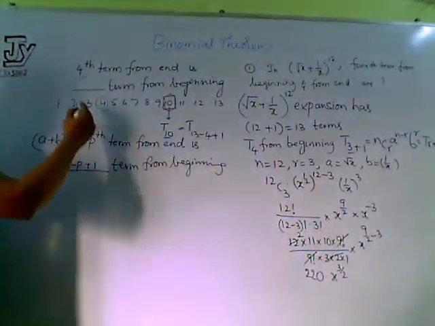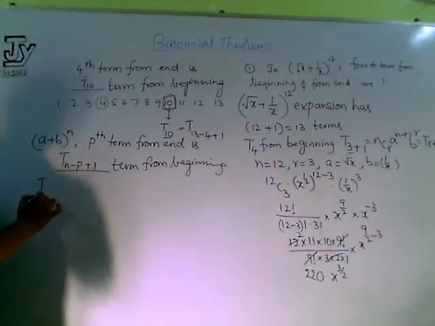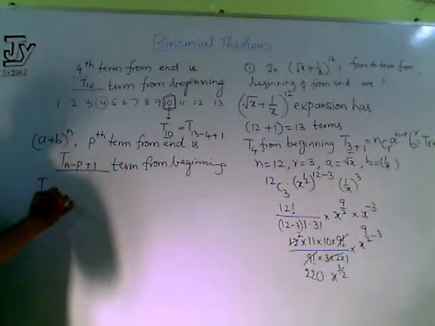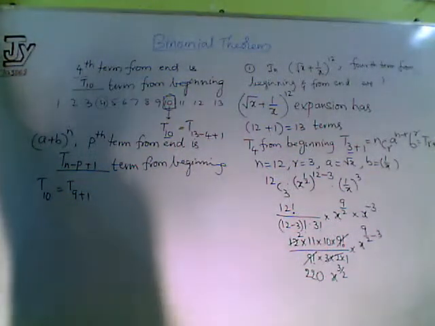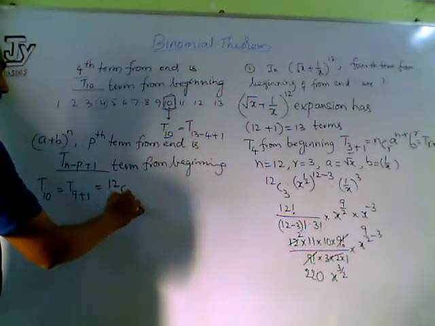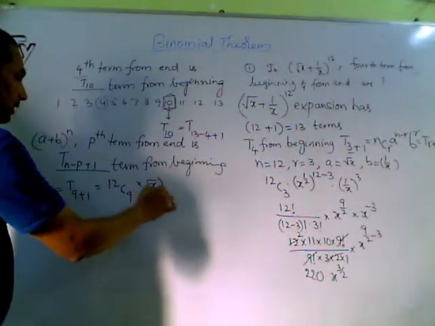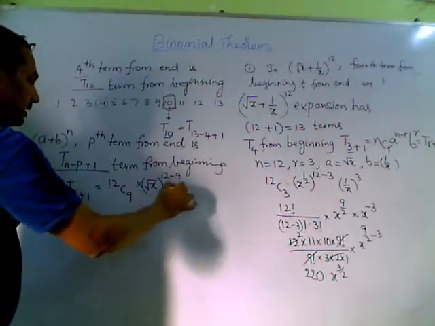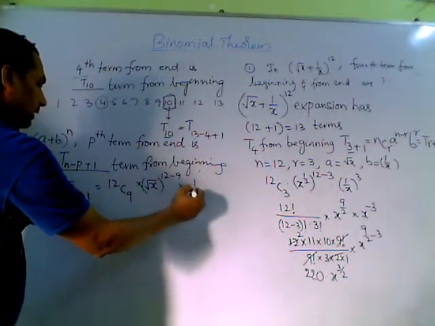So what we required? T10 from beginning, that is equal to T9 plus 1. That is equal to 12C9 into (root x) power 12 minus 9 into (1 by x) whole power 9.